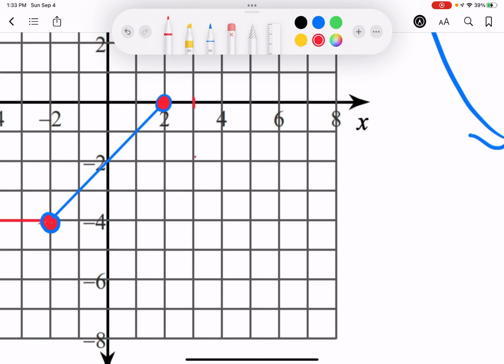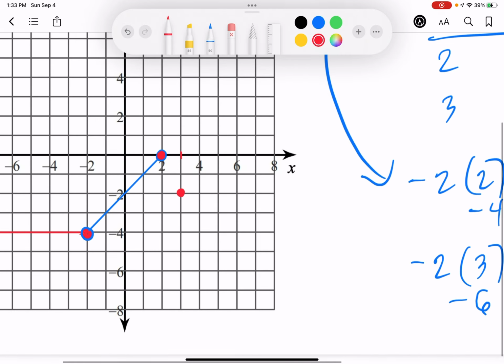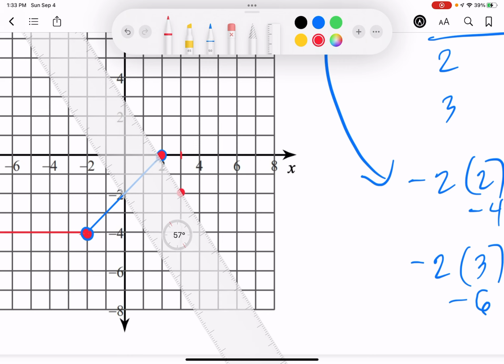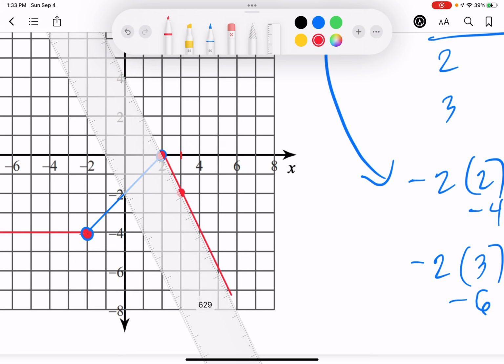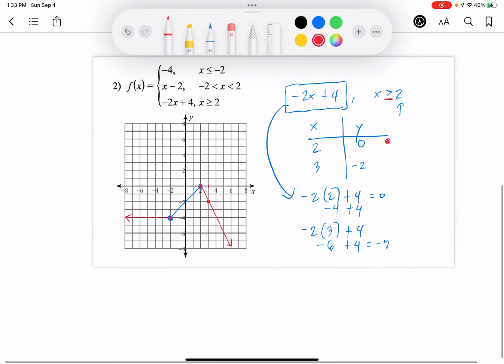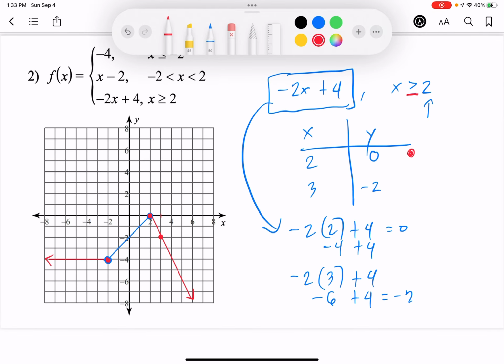So, ito. Solid pa rin. Kasi lahat dun kasama na. Okay. And then, we're going to just connect the 2 points and that's it. Ito yung ating graph sa ating pangalawang function. Okay. So this would be the graph of number 2.